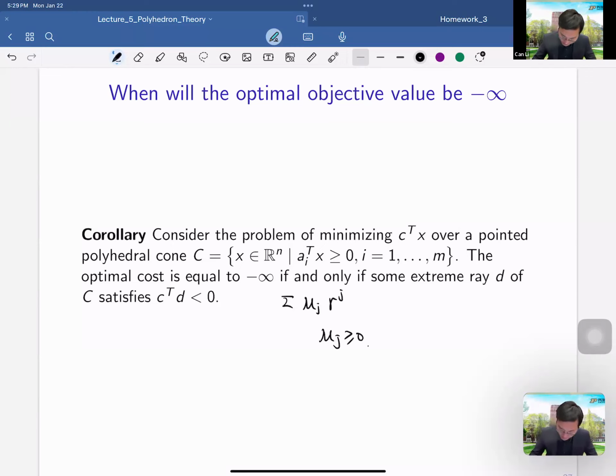Then if we know that the cost is negative infinity, there must exist some point such that c transpose of this point goes to negative infinity. In other words, there must exist at least one of the r_j such that it has a strictly negative product with c.